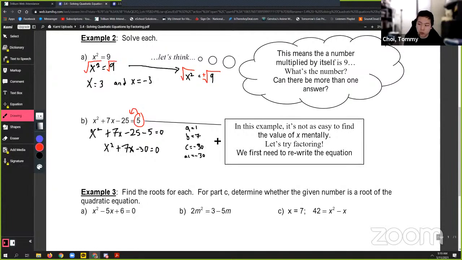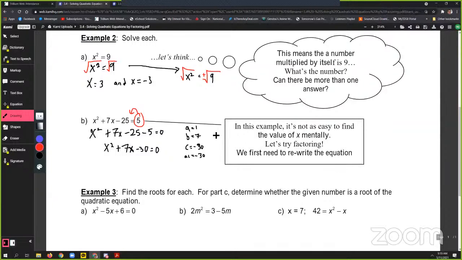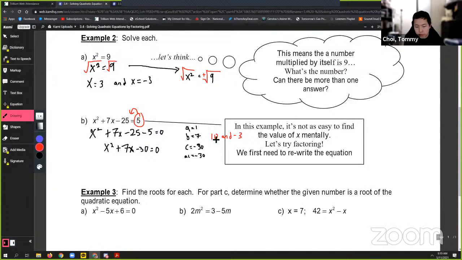Which one's negative? 3 is negative, yes. So 10 and negative 3 would be the answer for the two numbers. 10 times negative 3 is negative 30, and 10 plus negative 3 is positive 7. So that allows us to break our quadratic equation into its factored form: x plus 10 and x minus 3 equals 0.